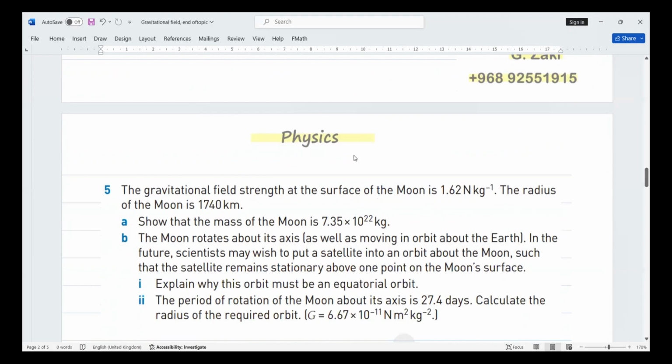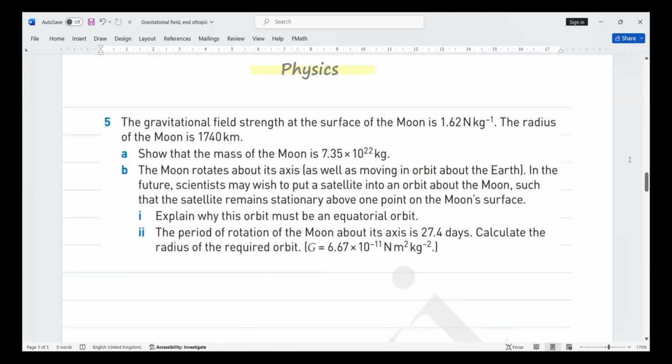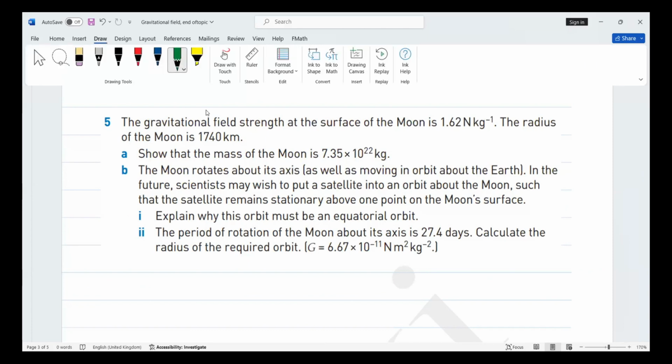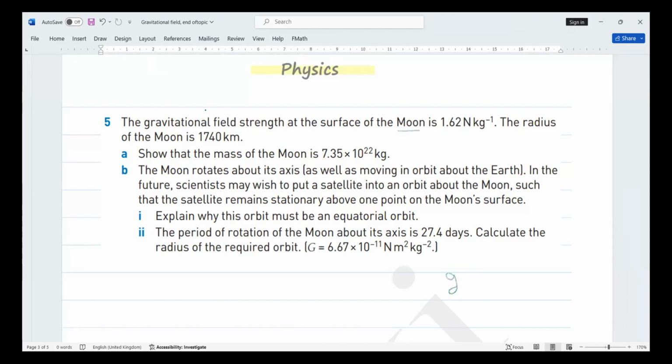Okay. Question number 5. Now, look at this question, please. We read the question and we write the given. The gravitational field strength at the surface of the moon, so we have g at the surface of the moon. It's 1.62 Newton per kilogram.